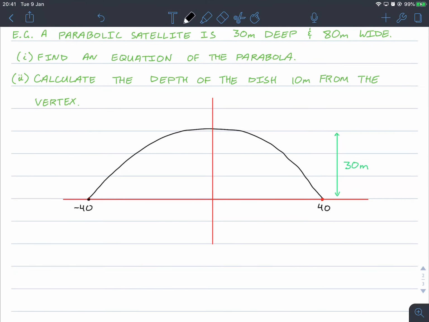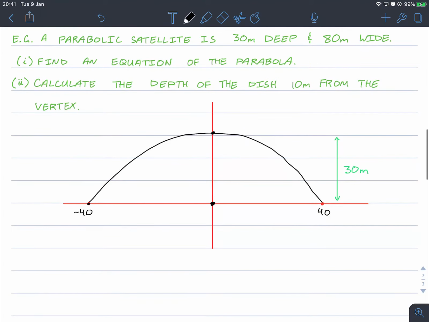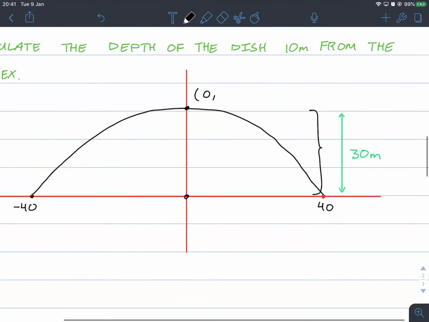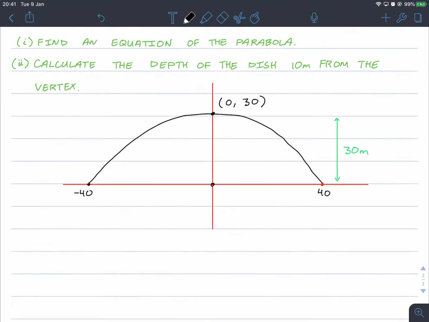Similarly, if this is the origin at 0, 0, then this point here at the vertex of this parabola is 0. Can you figure out what the y value is? Well, hopefully you can see from the height of the satellite dish being 30, this point here must be 30. So here are the 3 points we'll be using.